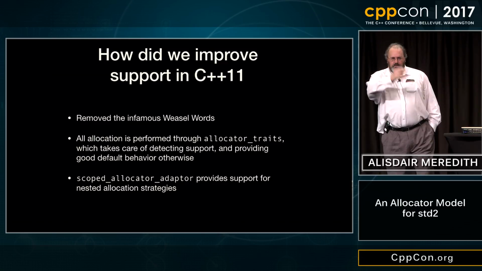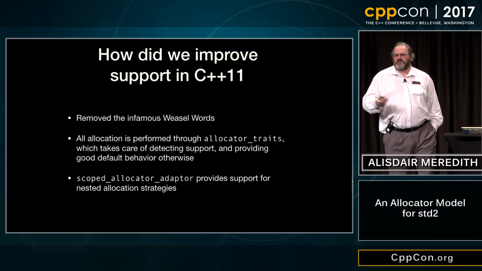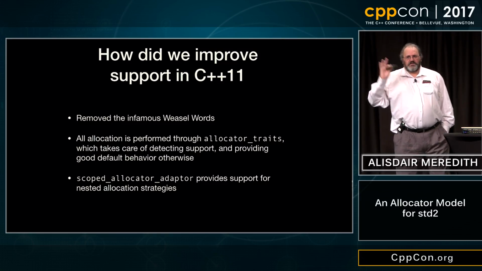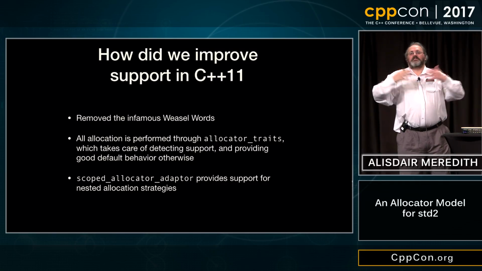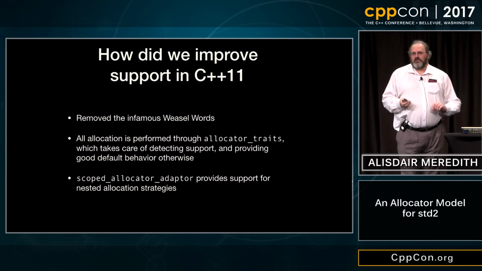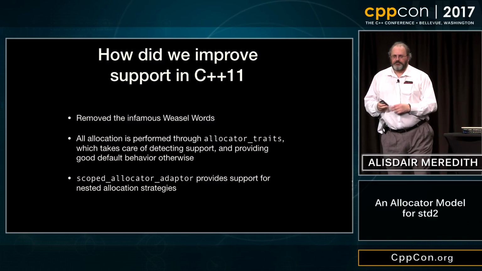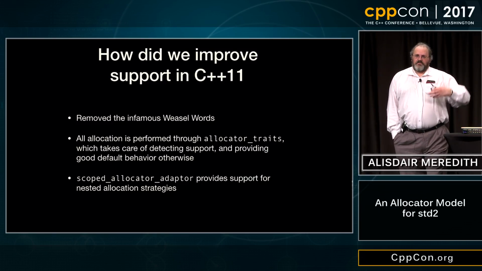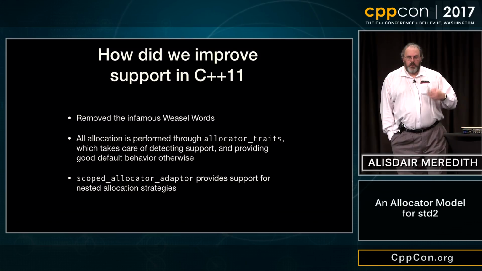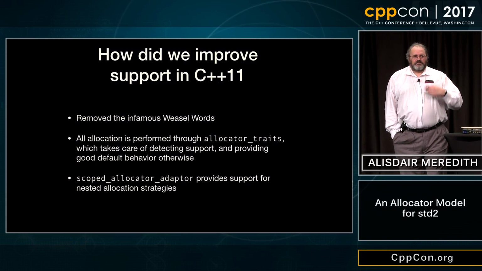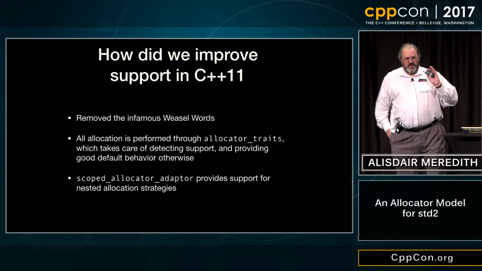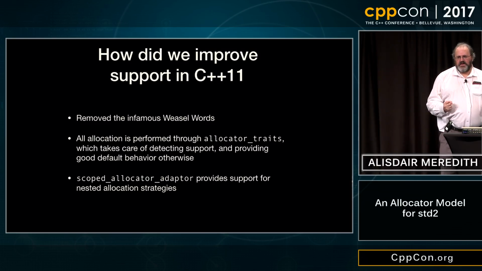So the notion that back in C++ 98, you might have heard that allocators are useless because you can't do anything with them, certainly seems to be true in C++ 11 no longer, because little bits of wording that told vendors, I can make simplifying assumptions that ignore the vast majority of what your allocator is going to do, those have gone away. And in order to make life a little easier for the container vendors, the people implementing their data structures, we provided the Allocator Traits facility, which does all the clever work to try to figure out sensible defaults and routine behavior if you don't have an allocator that provides everything, so that allocator developers focus on just what their allocator does.